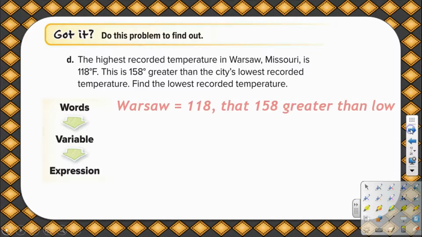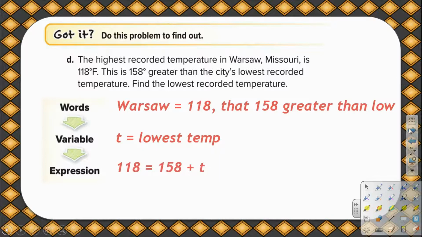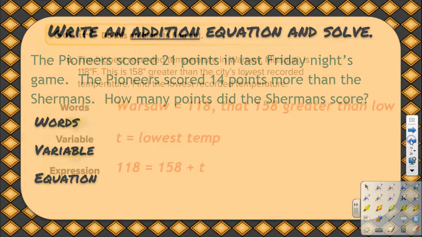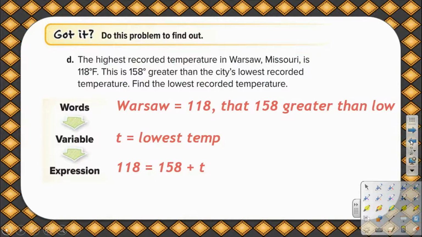Okay, so in words, we know that it's 118 degrees in Warsaw and that it's 158 degrees greater than the lowest temperature. For the variables, we don't know the lowest temp. We're going to call that T. And that means that 118, which is Warsaw, is equal to 158 plus T. Let's go ahead and solve that before we go on.